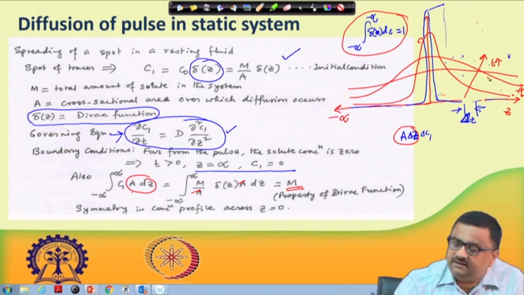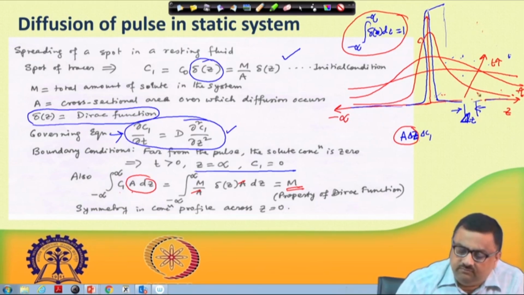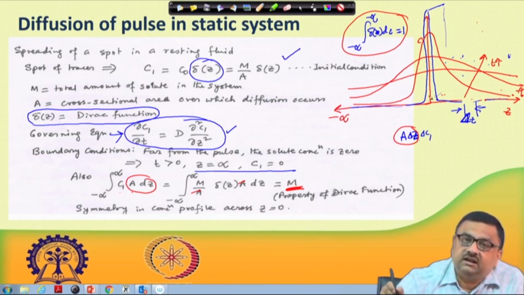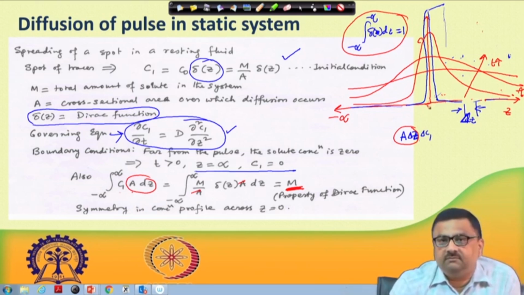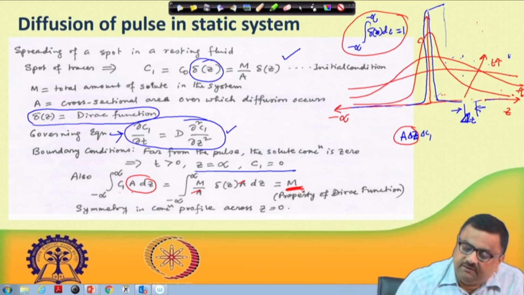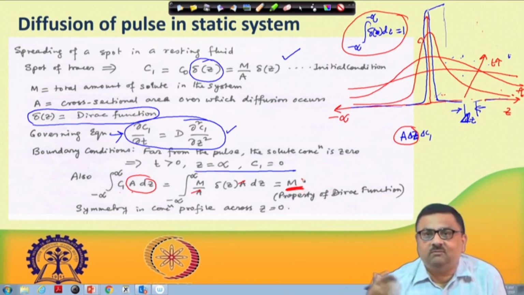Then what we said is that if we sum all the solute present in the various differential elements everywhere, we end up with this total m. What is m? It is the amount of solute that was placed at z equal to 0 at time t equal to 0. So it is the same kg of solute; you are not importing anything from outside.